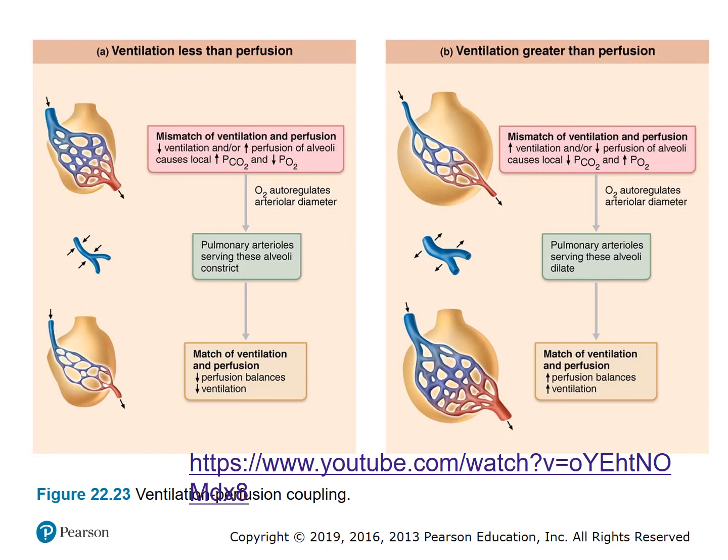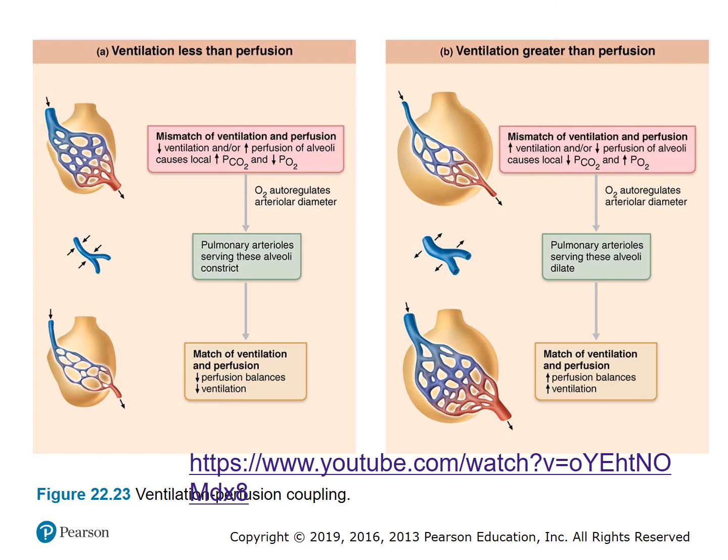So in A, ventilation is less than perfusion. There's a mismatch of ventilation and perfusion, which decreases ventilation and or increases perfusion of the alveoli, which causes local increases in the partial pressure of CO2 and a decrease in the partial pressure of O2.